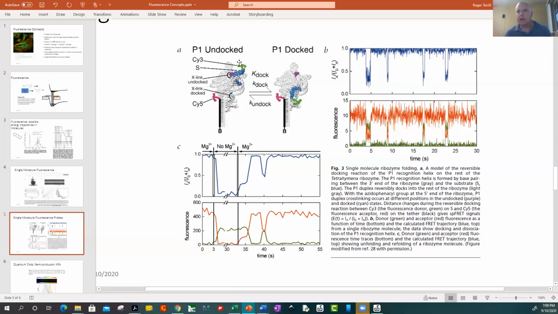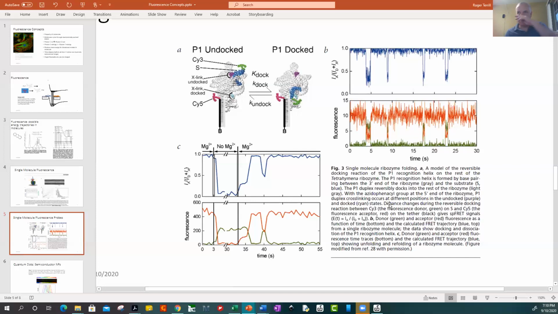Right? So this substrate here, this blue thing, docks down here, right? With the azidophenyl acyl group at the 5' end of the ribosome. P1 duplex cross-linking occurs at different positions in the undocked and docked states, right?